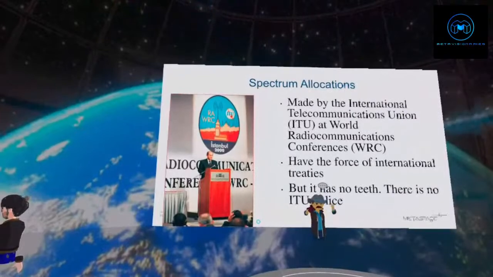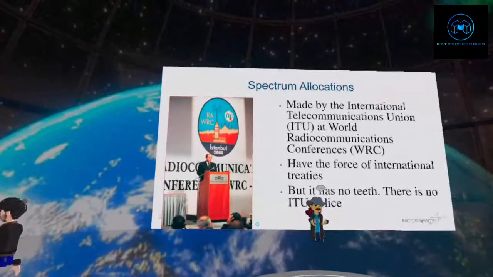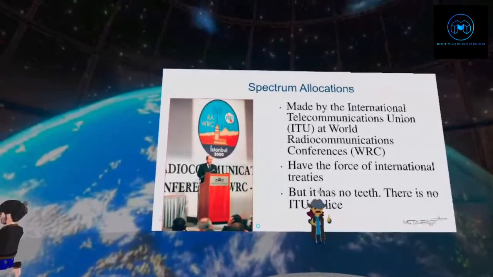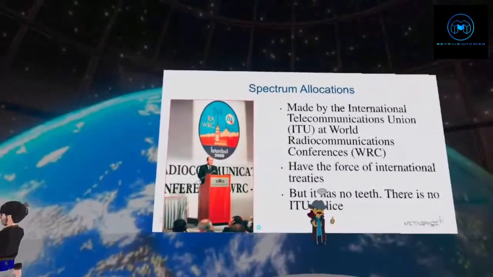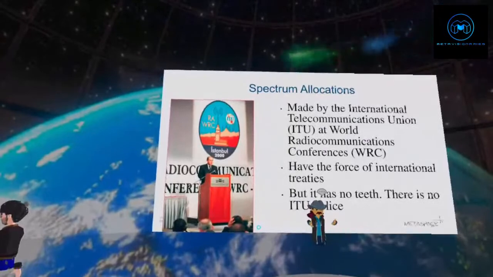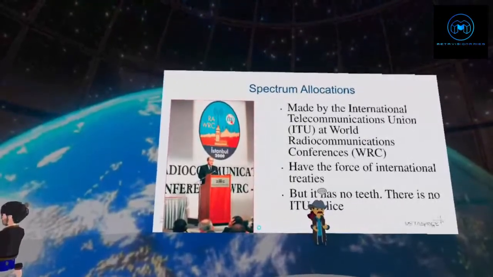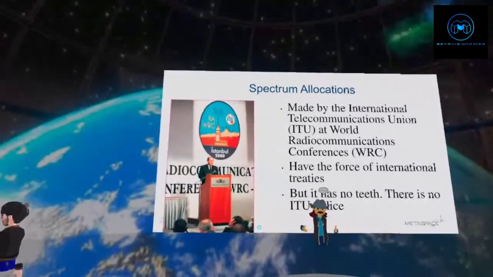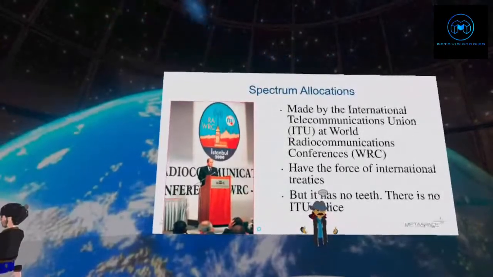And it's here where all the nation states of the world come together and try to allocate the electromagnetic spectrum into all the many different existing and emerging new applications that we have. And these spectrum allocations have the force of an international treaty, but they also have no teeth. There is no ITU police.